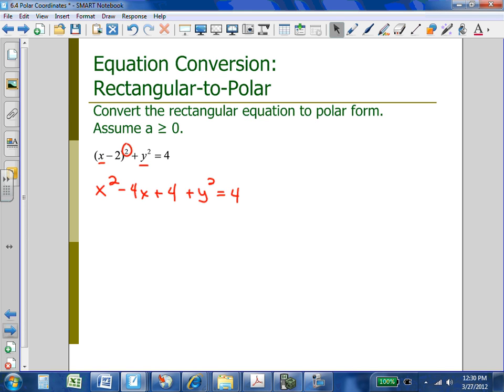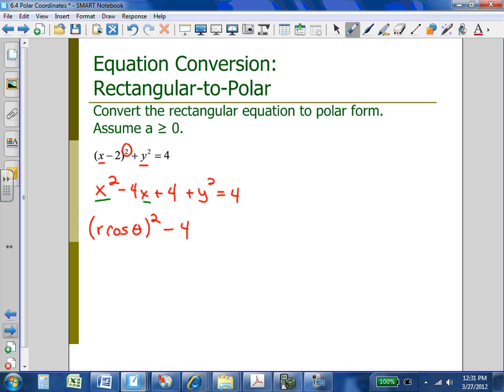Now, every time I see an x, I'm going to put in my r cosine theta, and anytime I see a y, I put in r sine theta. So right here I have r cosine theta, and it's squared. The r value, or the x value, has to be squared.